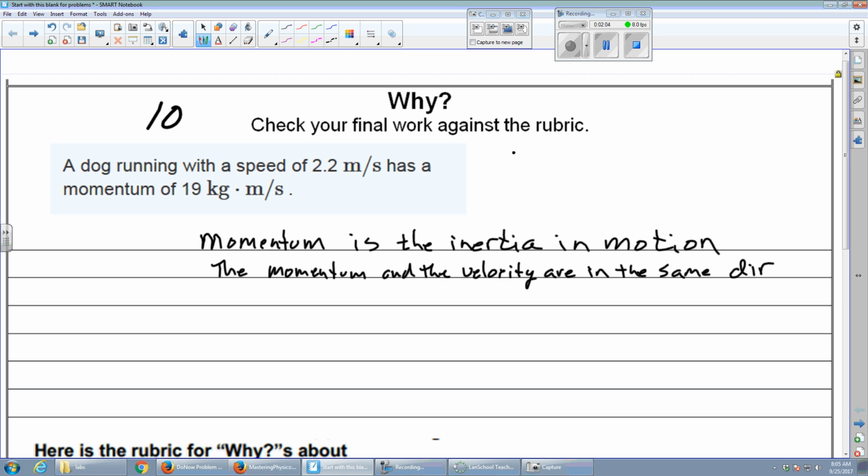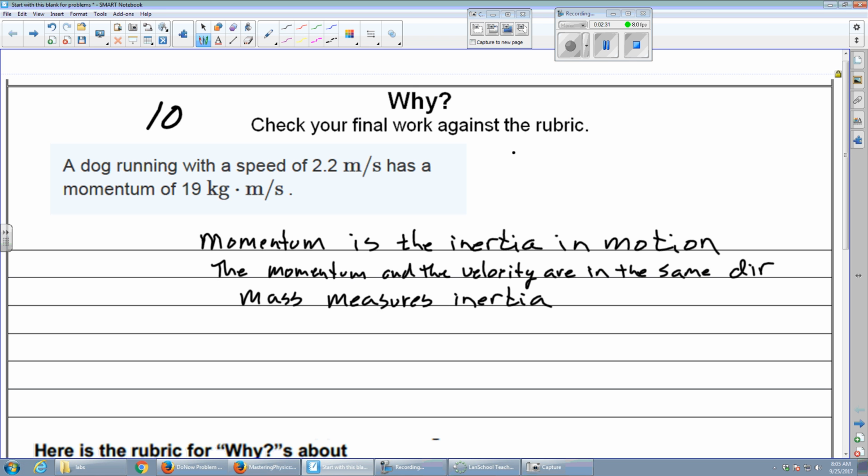And they want to know the mass. So maybe I should also show that I understand that mass measures inertia. But really, because it's the book, I know that whenever they say mass, they really mean inertia.